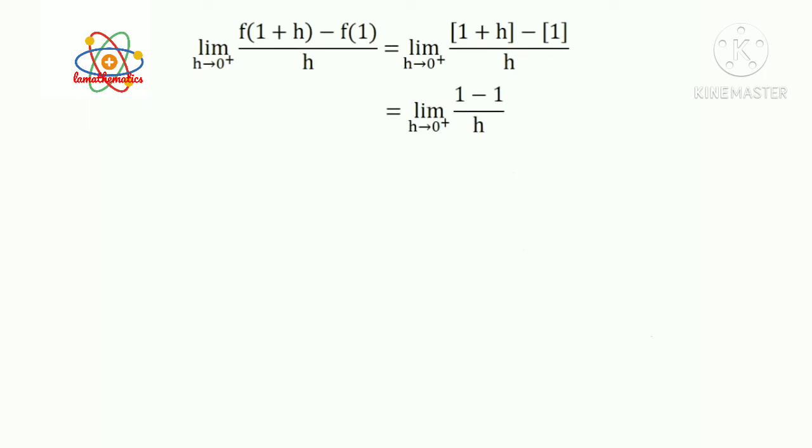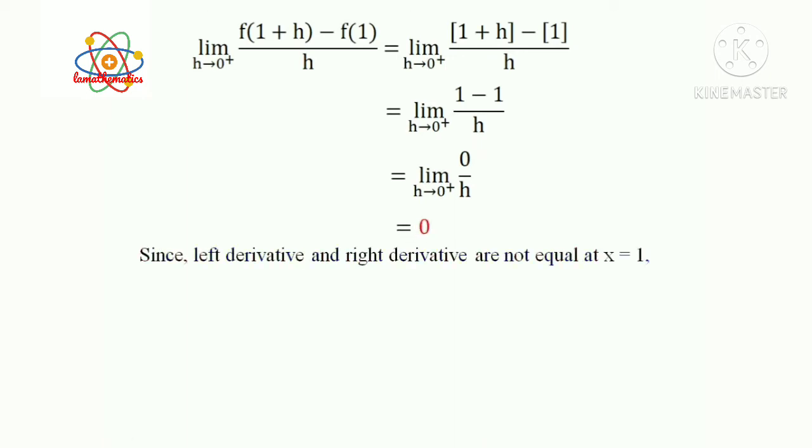We have greatest integer [1+h] equal to 1 when h tends to 0 plus, equal to limit h tends to 0 plus (1-1)/h equal to limit h tends to 0 plus 0/h equal to 0. That is, left limit and right limit are not equal. Since left derivative and right derivative are not equal at x equal to 1, the function is not differentiable at x equal to 1.